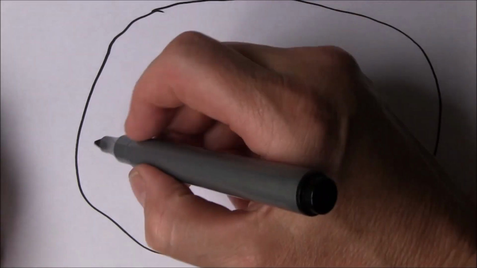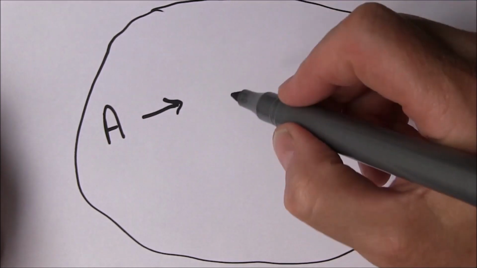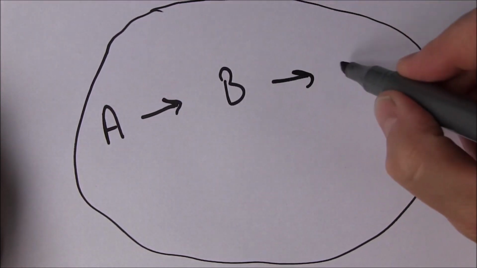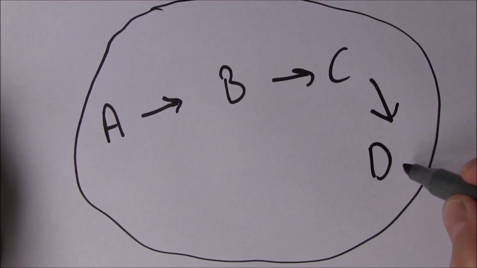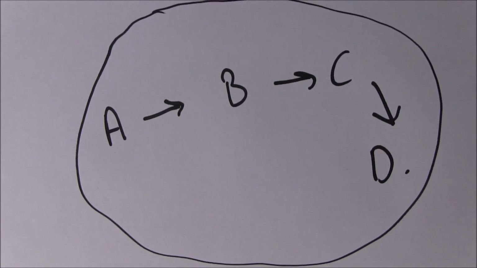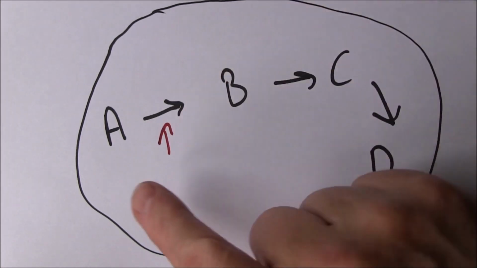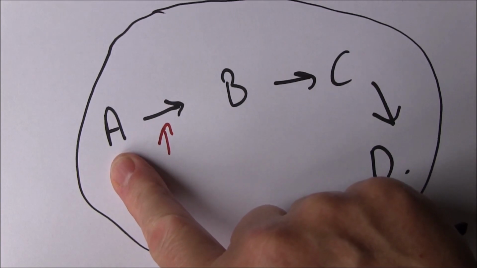And in a cell there are untold numbers of complicated chemical pathways going on. So I'm just going to make a really simple one. So sometimes we need product A to be converted to product B, to product C, to product D, for example. And these stages in this biochemical processing are all going to be facilitated typically by different reactions. So that's going to be facilitated by Aase, because A is the substrate.